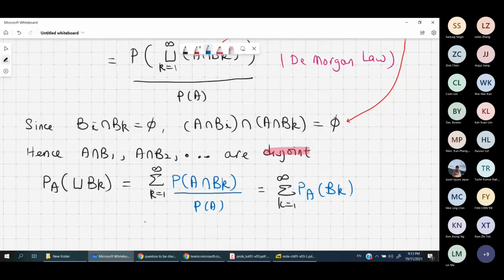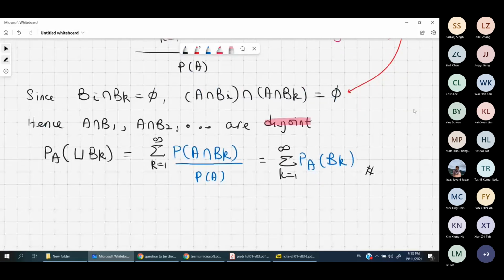So this equals this. Done. It satisfies these three of them, then we can make conclusions. So P(·|B_k) is a probability measure.